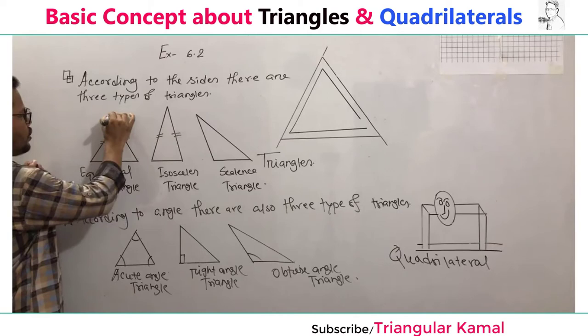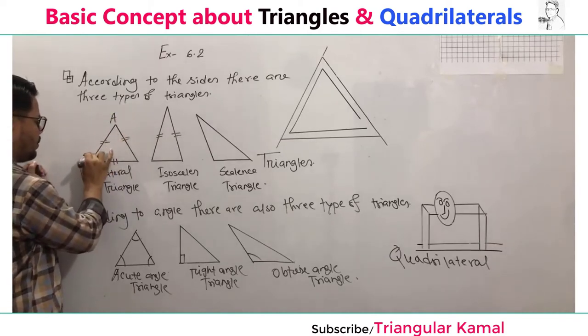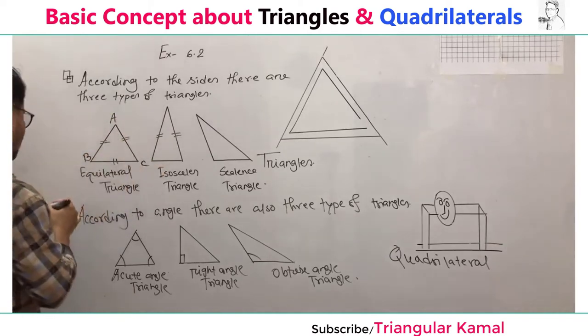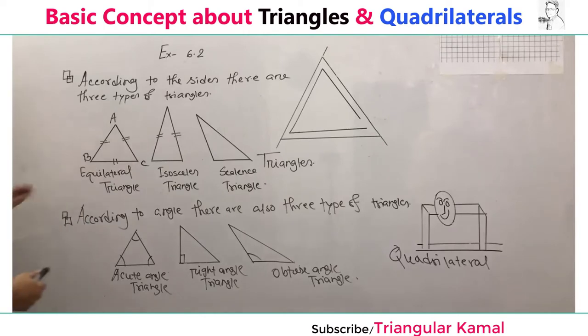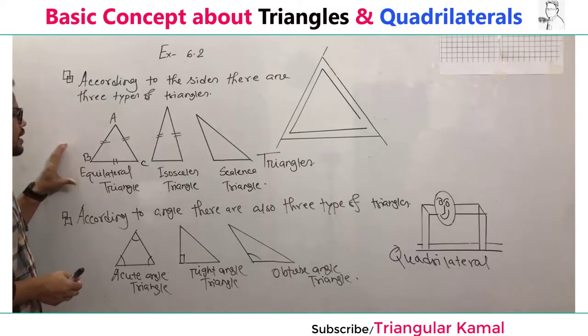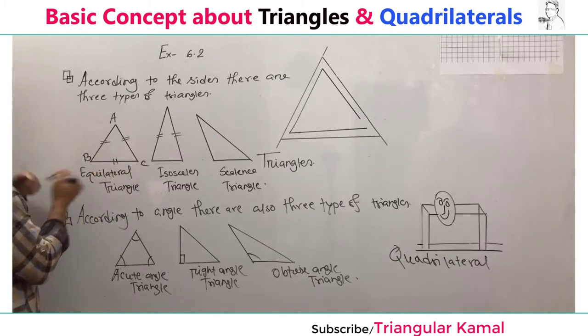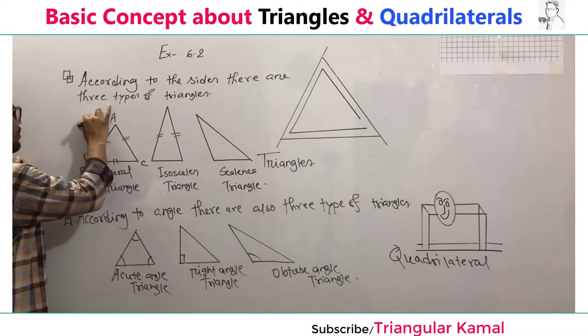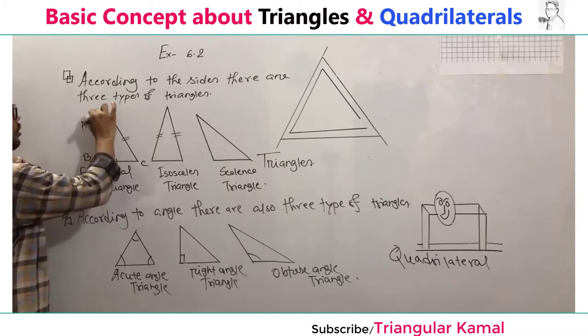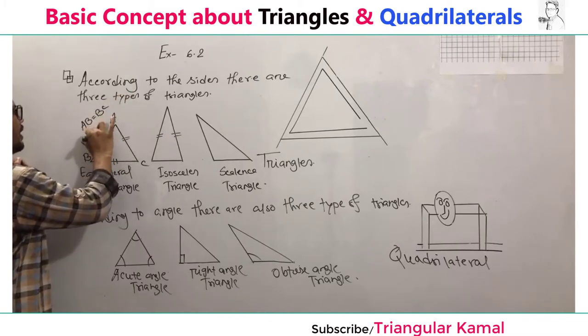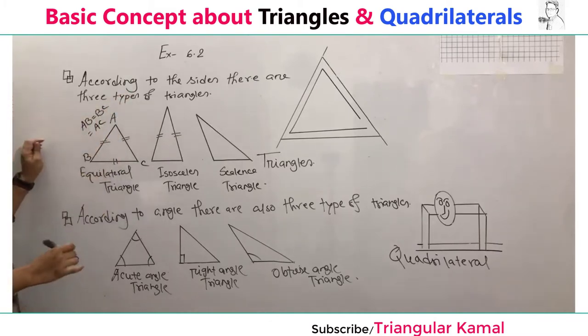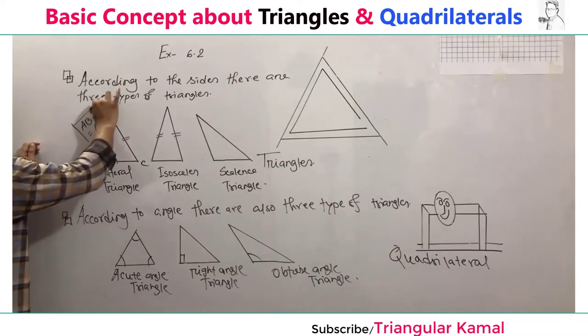The first one, A, B and C. So equilateral triangle indicates here 3 sides will be equal in measure, like length of AB will be length of BC will be length of AC. This is too much easy already. You all know this content.